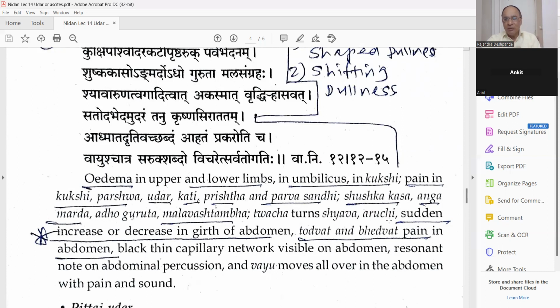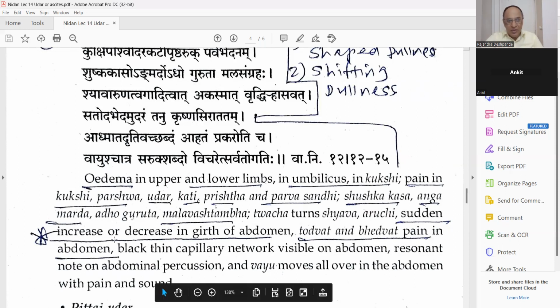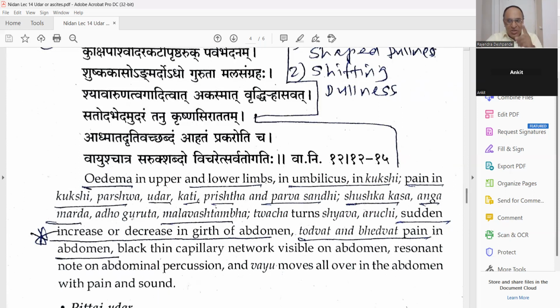Then Shushka Kasa, dry cough. Angamarda, everywhere paining. Then Malavashtambha, constipation, sudden increase or decrease in the girth of the abdomen. Irregularity is Vata. Vishama is a property of Vata. Todavat and Bhedavat Vedana, severe pain will be there.